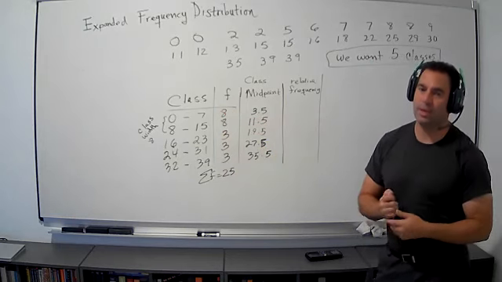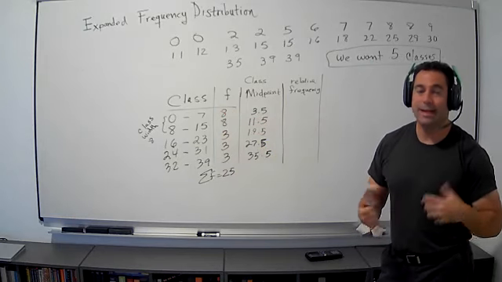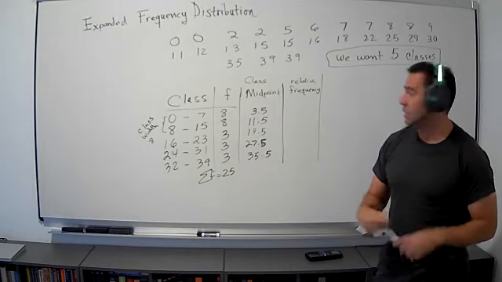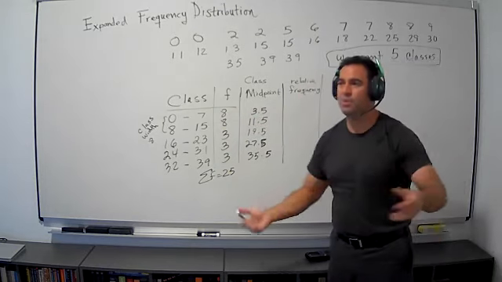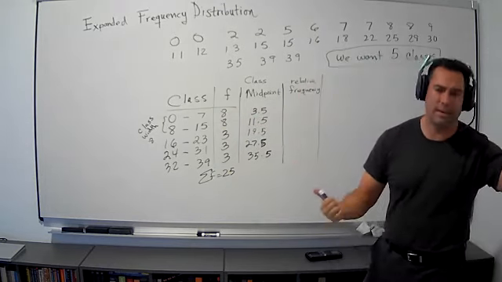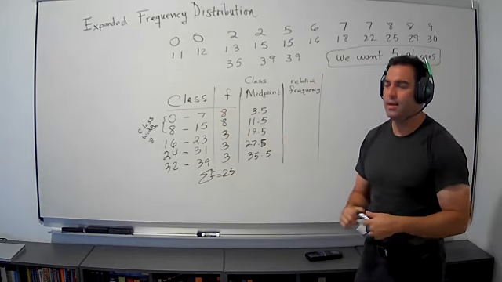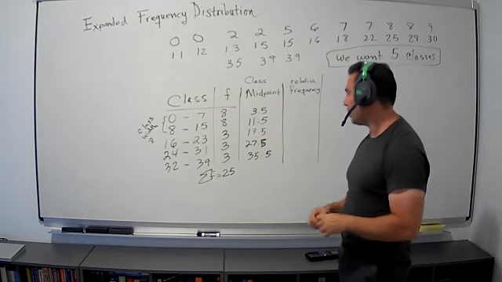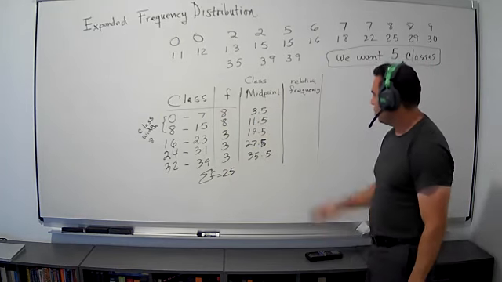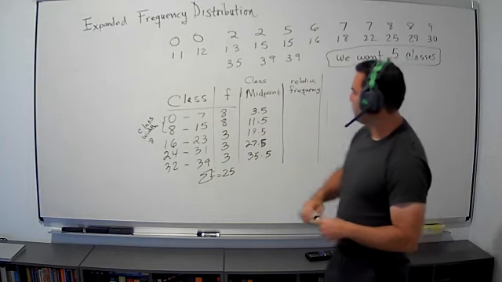Sometimes you might want to represent it as a decimal or as a percent. In this case, we want to represent it as a decimal, but a decimal can be represented as a percent very easily by moving the decimal place over twice to the right, multiplying by 100, however you want to refer to it. So what is relative frequency?